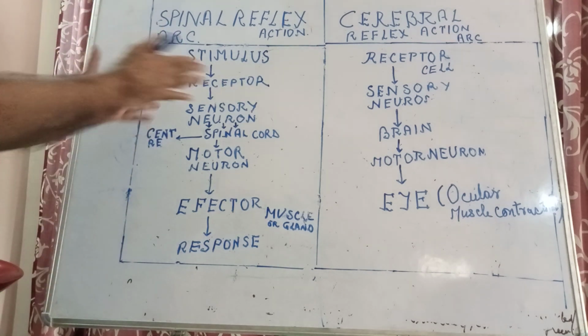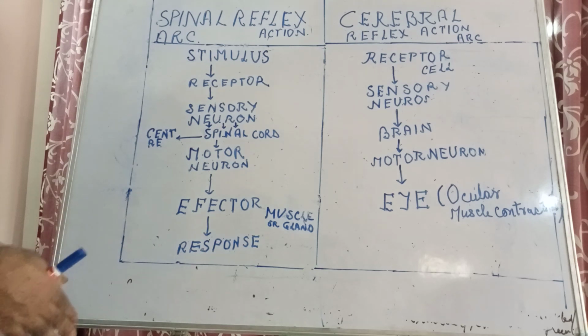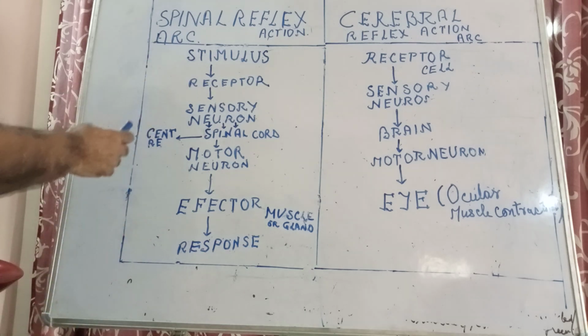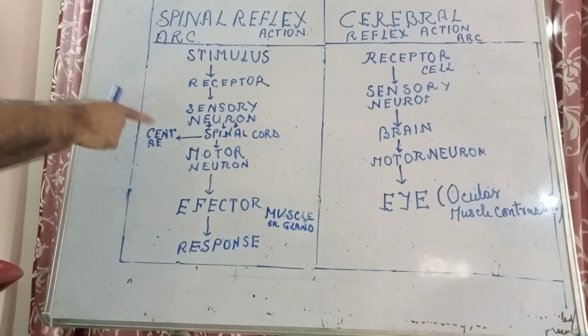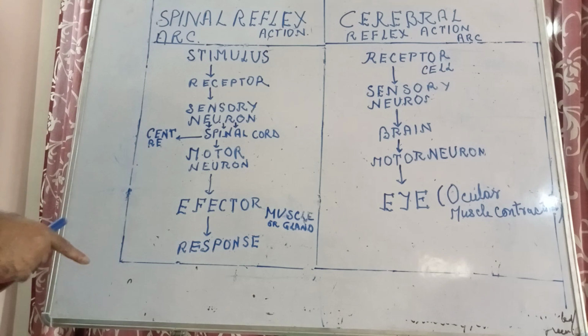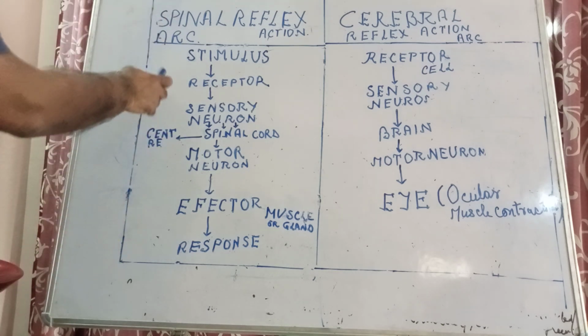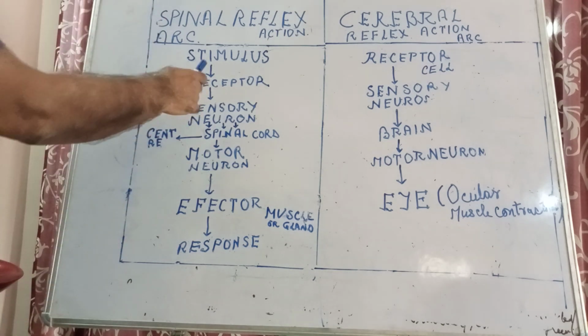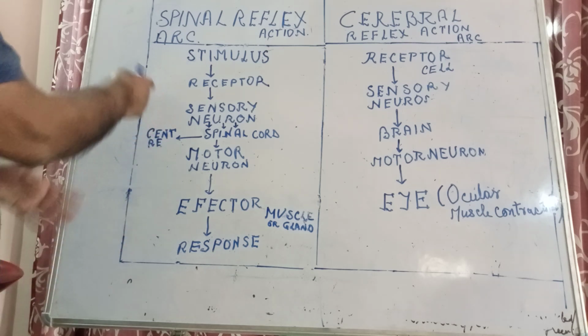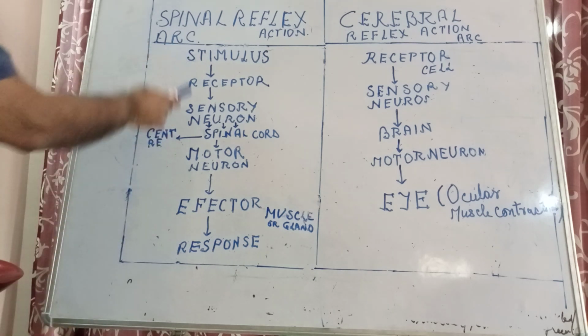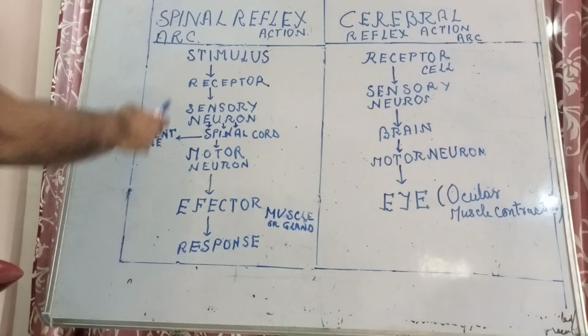Reflex action, the immediate involuntary action in response to a stimulus, is governed by the spinal cord mainly. And the shortest possible route taken by the impulse from the receptor to the effector is the arc. So how does it flow here in the spinal reflex action?